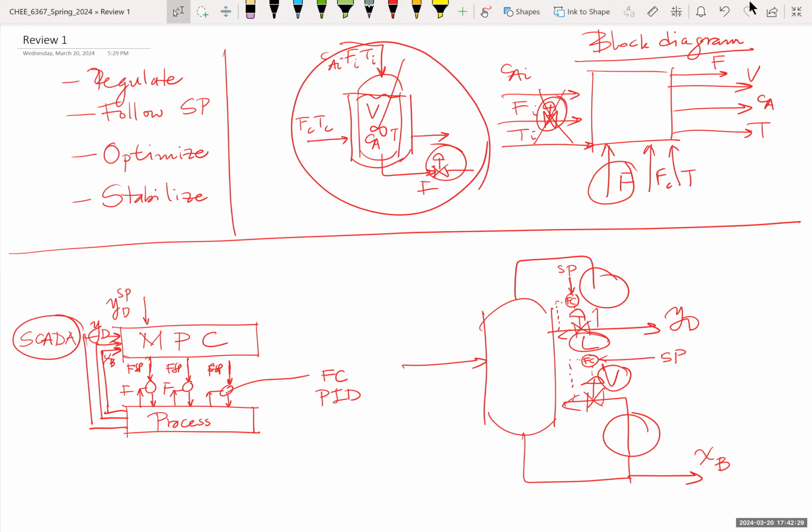If this is a deethanizer, what percent of ethane or the rest should you run this, or what should be the bottom purity? So for that, typically there is a real-time optimization system which sits at the top, which again takes data from the process.